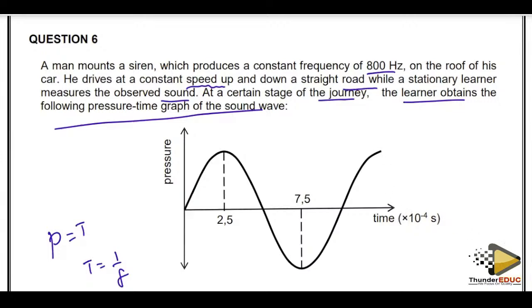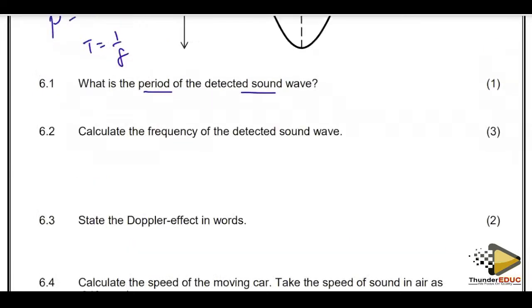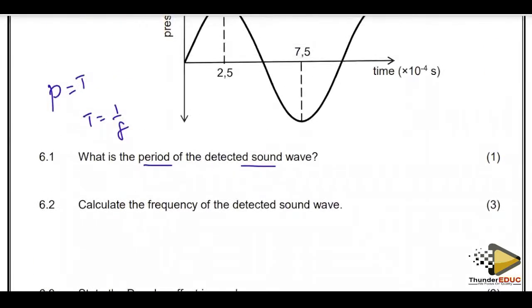So times 10 to the negative 4. Okay, 10 to the negative 4, what does it give us? I'm having 0,0001. That's going to be seconds since it's period.